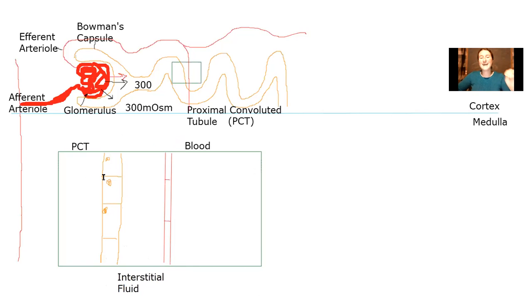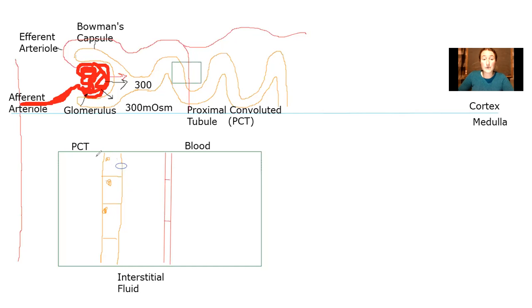Okay, so in the beginning of the PCT, we don't have a concentration gradient, right? And so the very first thing we need to do is generate a concentration gradient. And we happen to have these pumps that we all know and love, surely, that are super good at pumping sodium and potassium. All right, so I'm going to insert these little sodium-potassium pumps on the edge of these proximal convoluted tubule cells.